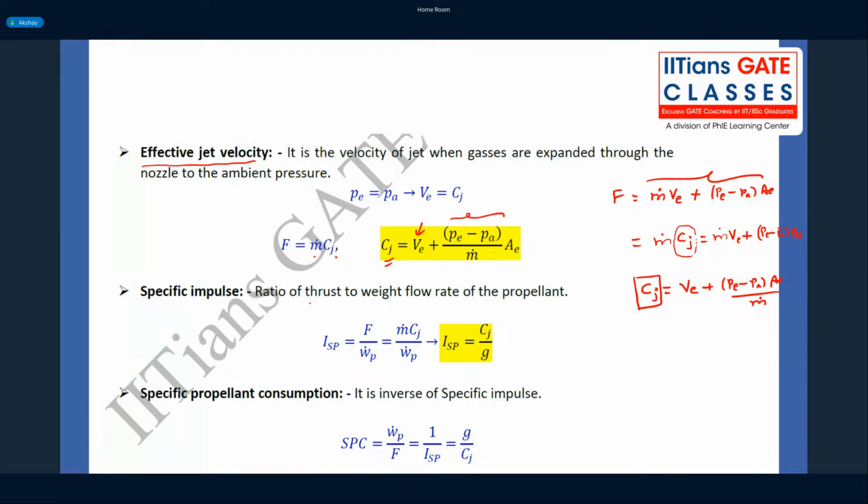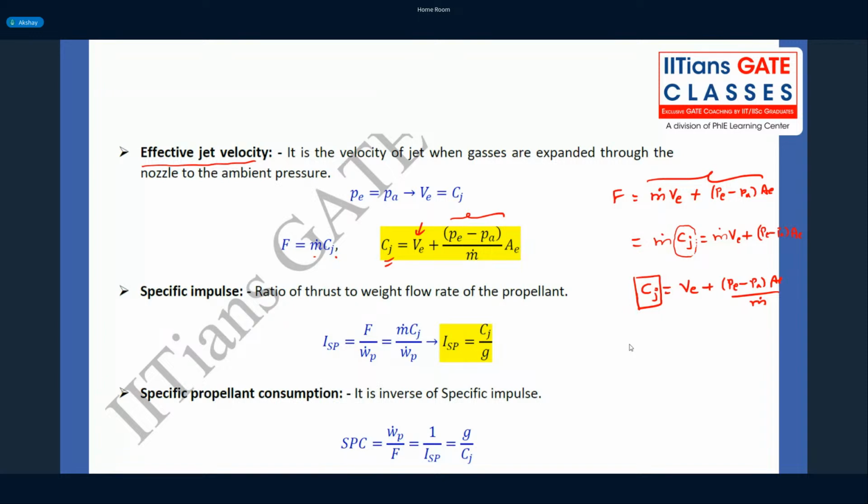Now why is this important? Because specific impulse is one of the parameters used in rocket propulsion literature to compare different propulsion systems. How effective our choice of propulsion system is is governed by a number of parameters.